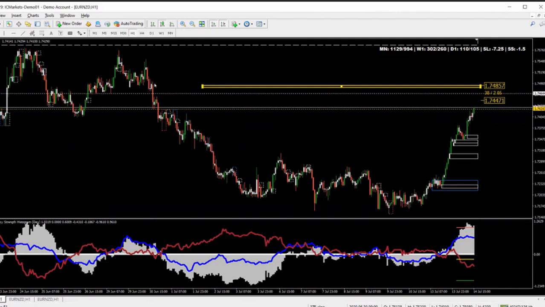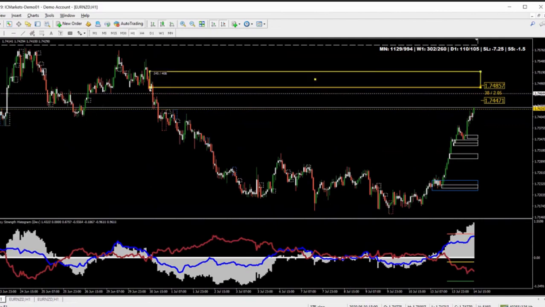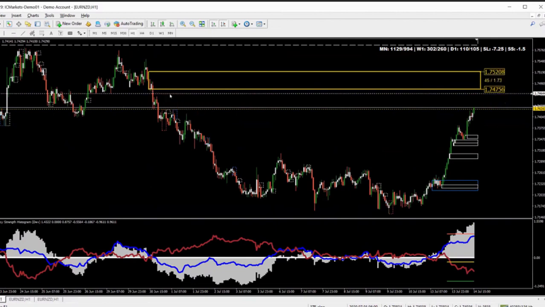This area of supply occurred just above this buy zone, just above this area of demand. So I would be pretty comfortable selling here. Okay, and the sell zone, apologies, would be just here.